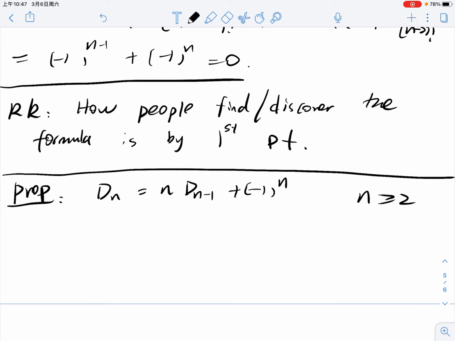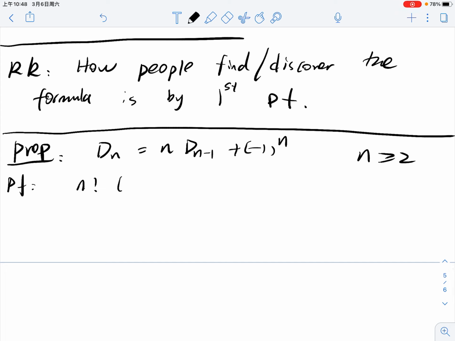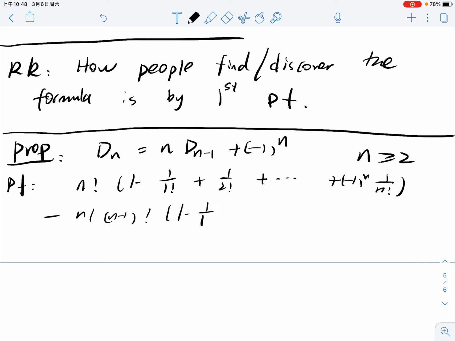For this one, I don't have any idea so far for a combinatorial proof, but the mathematical proof is quite simple. You do the subtraction and everything cancels out perfectly.